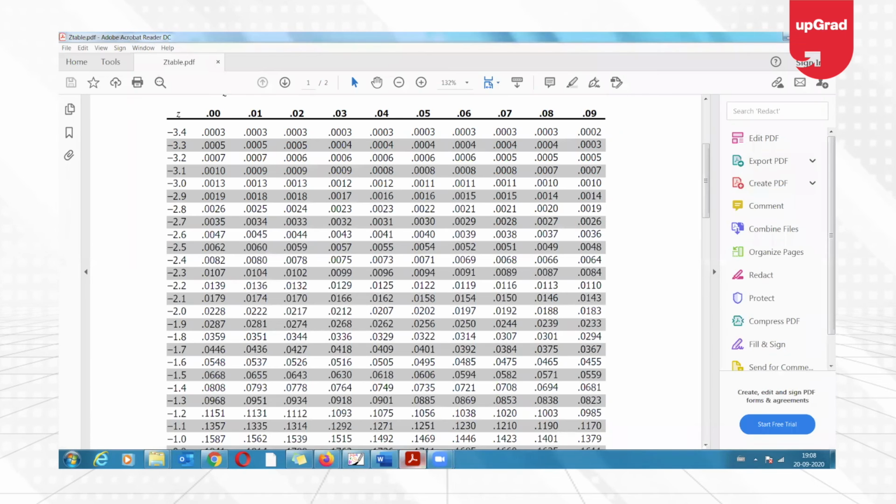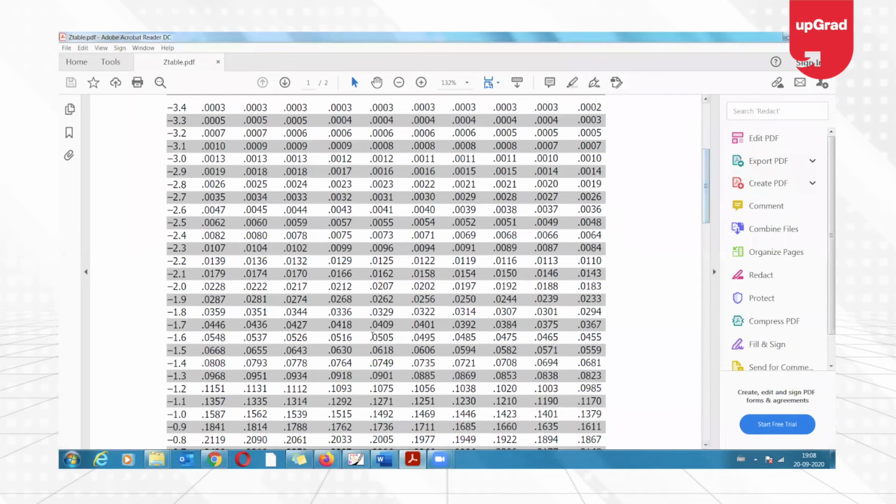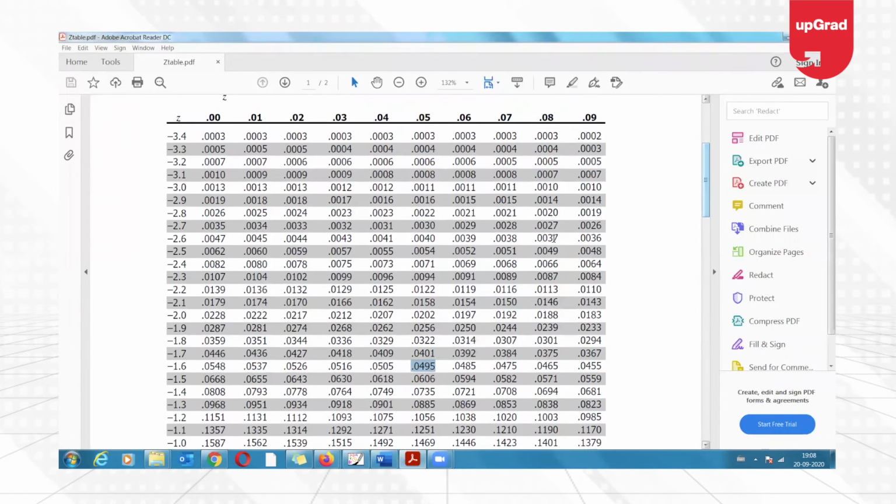So let's come to the z table. Let's look at a negative z table, where I can find a p-value that is just less than 0.05. This is my cutoff, which is minus 1.65, as you can see.